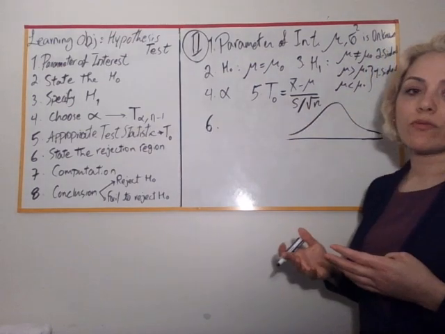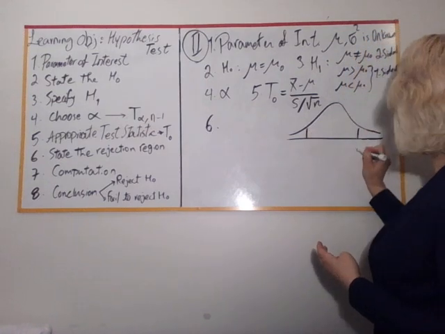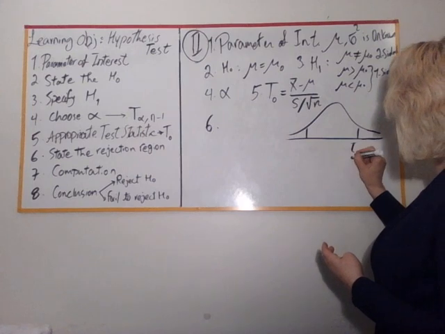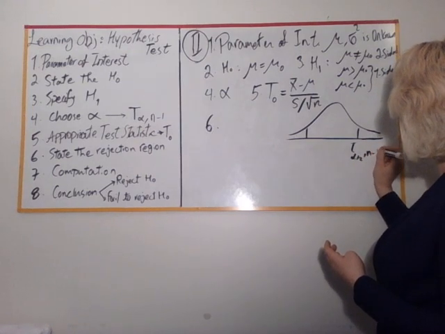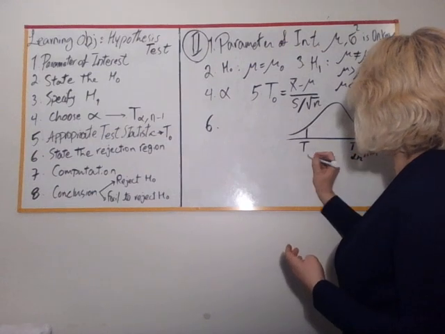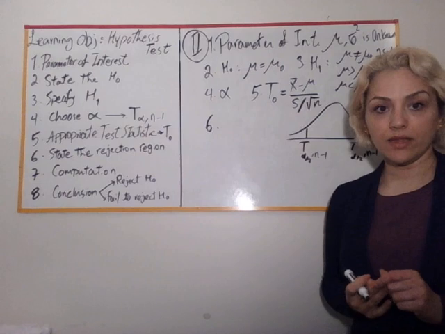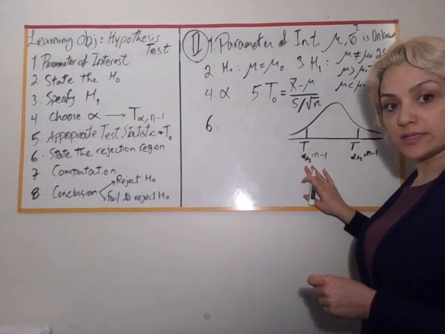Let's say we are working with the two-sided, what's going to happen is that I have the t at half of the alpha, n minus 1, and again t at half of the alpha, n minus 1, right?